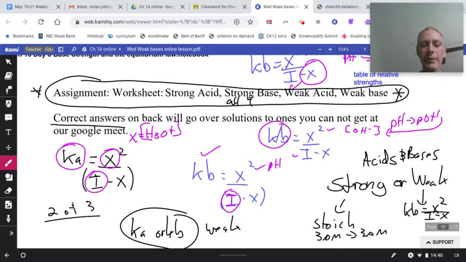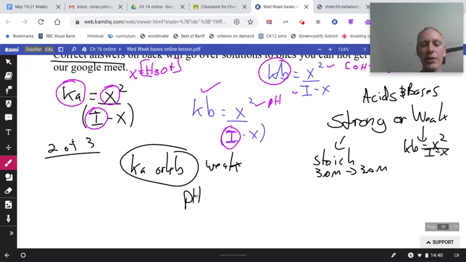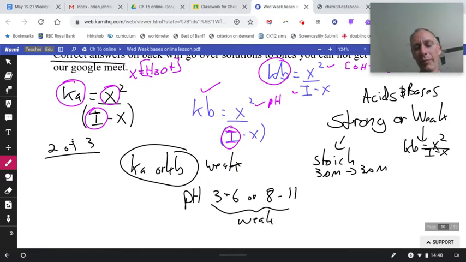And sometimes you have to use the pH to help you. So if your pH is like 3 to 6, or let's go 8 to 11, that's probably also weak. It does depend on concentration, but as a rule, those are your weak acid and weak base pH ranges. And if you're given a Ka or Kb value, it's weak. So those are hints, as well as using the table of relative strengths.